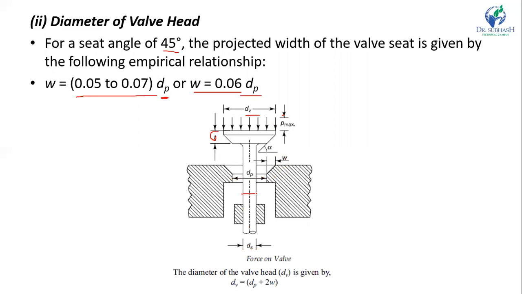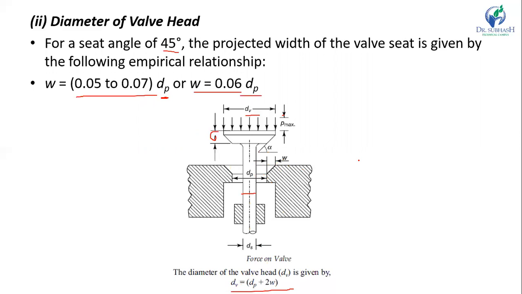So the diameter of the valve head dv is given by dv is equal to dp plus W on this side plus W on the other side, so 2W. Diameter of the valve head dv is equal to dp plus 2W.